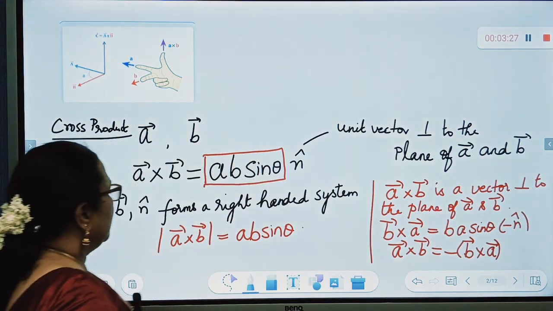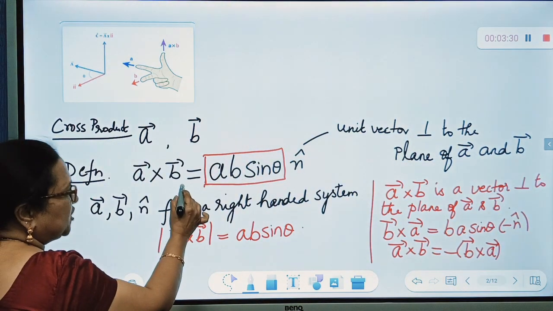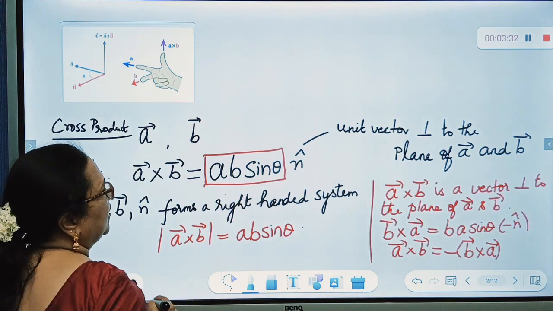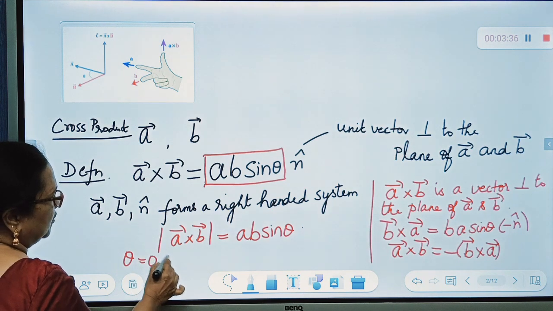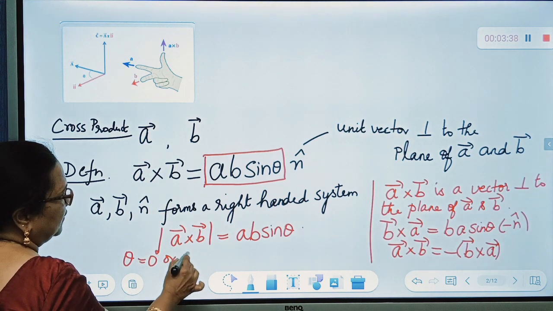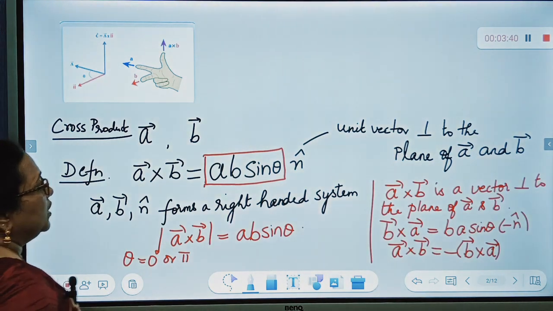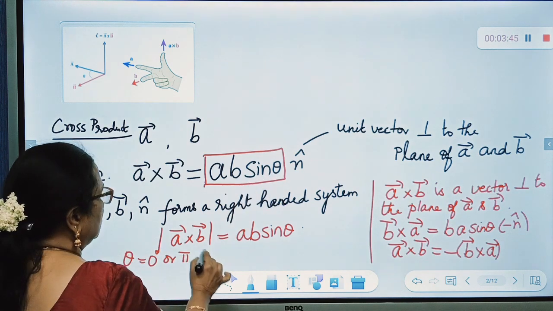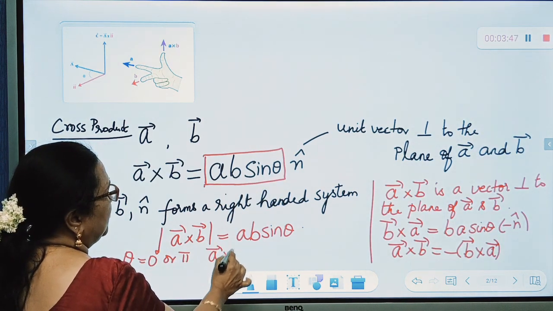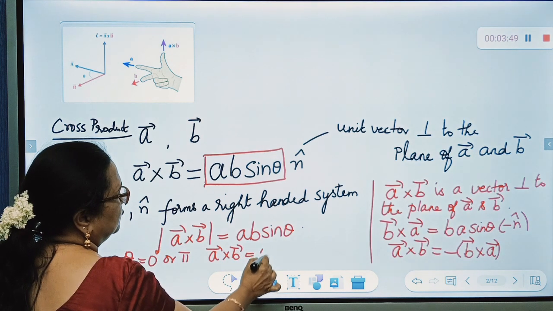Now, you all know that A cross B, as we just saw, is AB sin theta. If theta equals 0 degrees or pi, then what will happen to A cross B? Sin 0 is 0, sin pi is also 0. So A cross B will be 0.